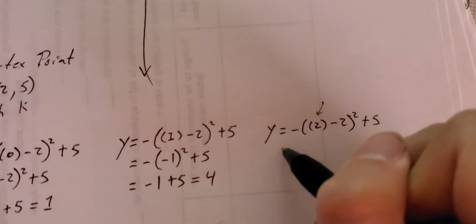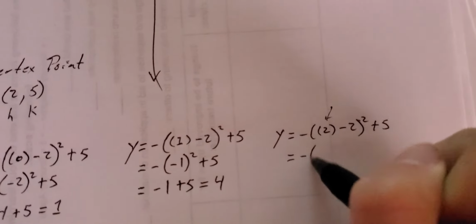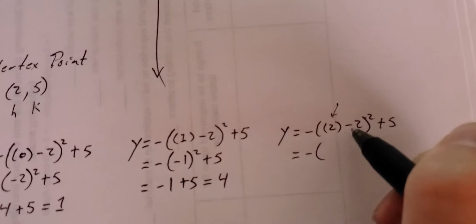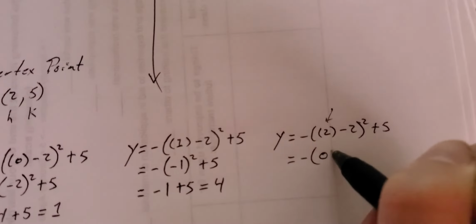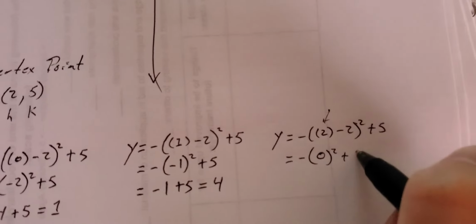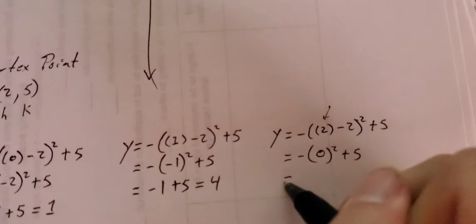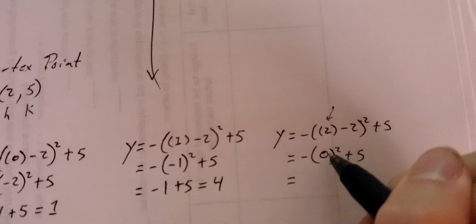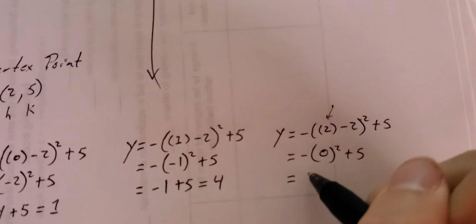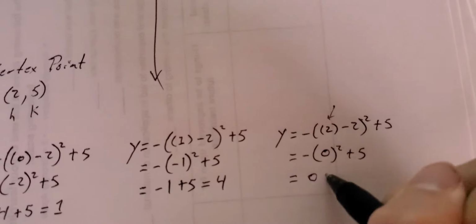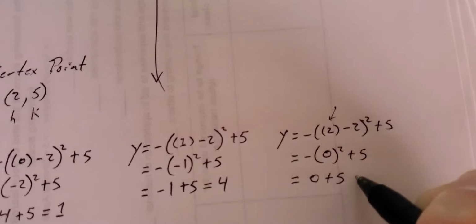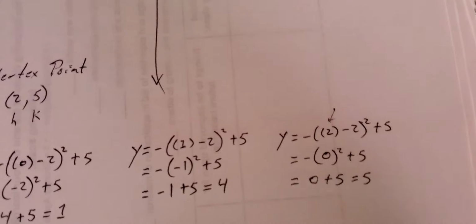Let's see what we get. We get the negative, and now positive 2 minus 2 becomes 0 squared plus 5. Let's simplify this. 0 times 0 is 0, and the negative, it's still 0. So here we get 0 plus 5, and that's just equal to 5.